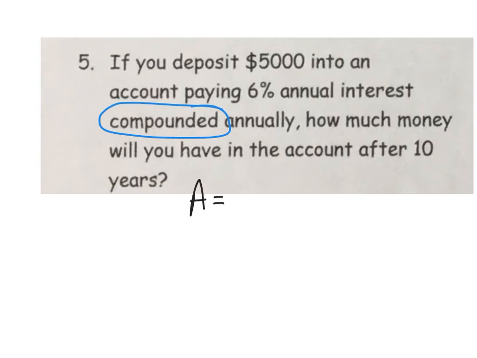The total amount equals the principal, parentheses, the number 1 plus the interest rate, and then the time in years is the exponent that you'll use. So that's how you will get the answer for question number 5.